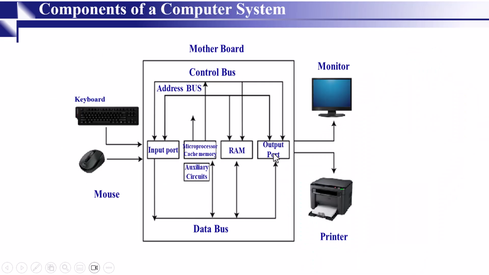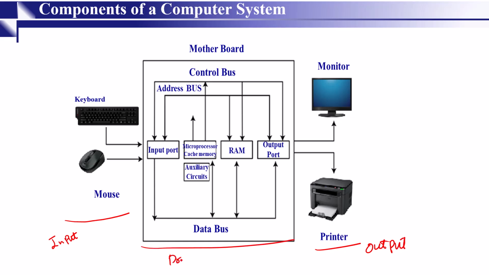So let's see what the main components of a computer system are. Generally, a computer system consists of several components, and we can categorize them into three main types: input devices, output devices, and processing and storage.